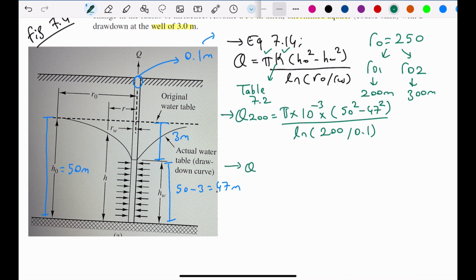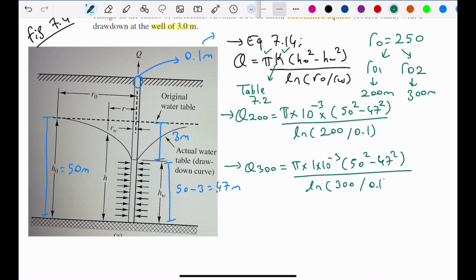Similarly, we are going to do the same for radius of influence of 300 meters. So again, we have pi, we have 1 times 10 to the power of minus 3 for the k value. We have 50 square minus 47 square over ln, and this time we will have 300 over 0.1.